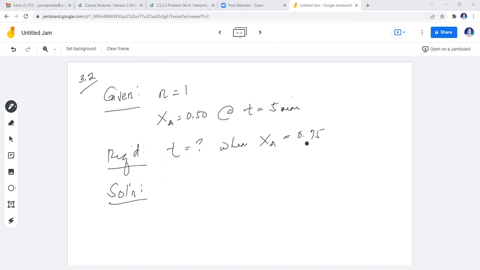So what will you do? Aina, do you know what to do here? Find k, miss. Okay, how are we supposed to find the k? Using the first order formula, miss. Okay, what formula is that? Can you dictate?